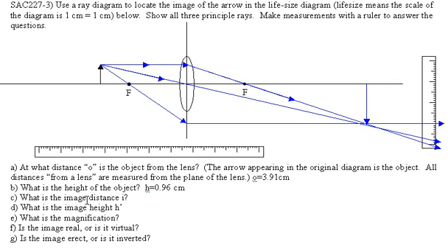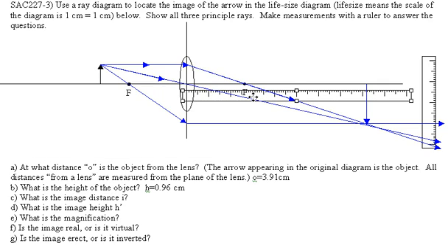Okay. Now I want the image distance, and we have to measure that. Put the ruler over there. I've got the 0 lined up right there. So I'm at 1, 2, 3, 4, 5, 6, 7, 8, 8.1, just short of 8.2. I'll call it 8.18.